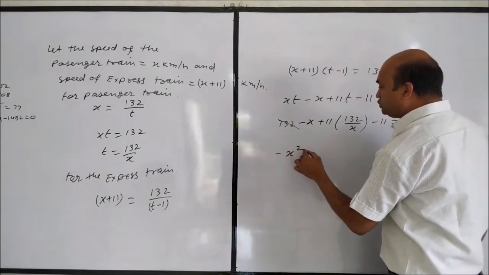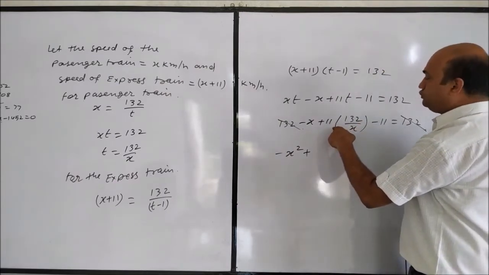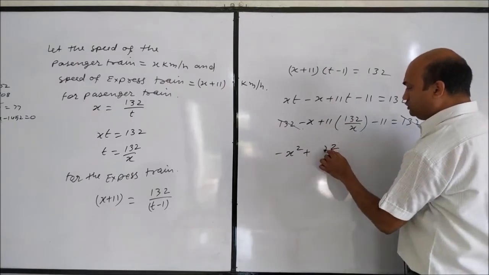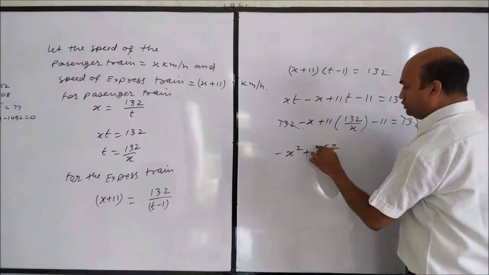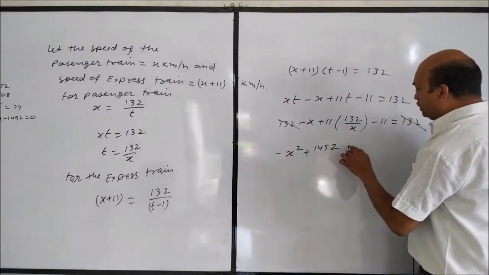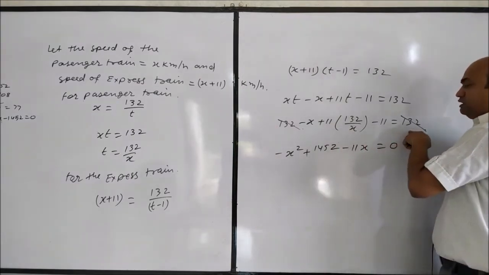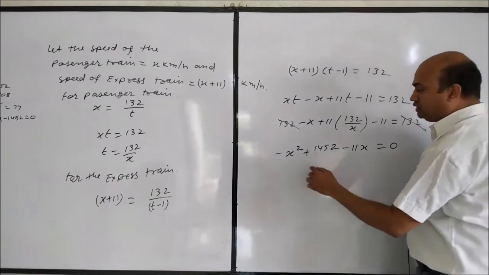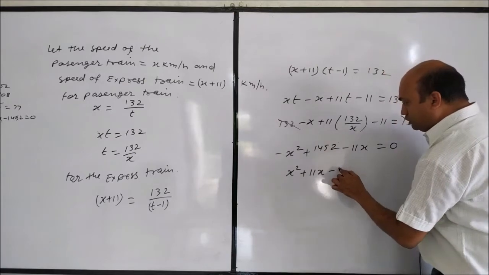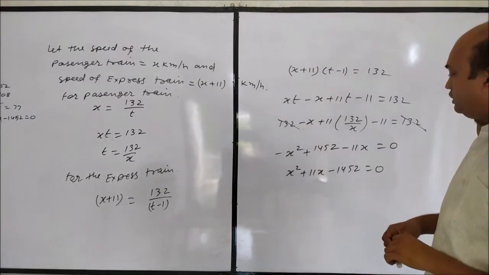So it is minus x square plus 11 into 132 is 1452, minus 11x upon x we get in the denominator, that we cross multiply to 0. We will get x square plus 11x minus 1452 is equal to 0. This is the quadratic equation.